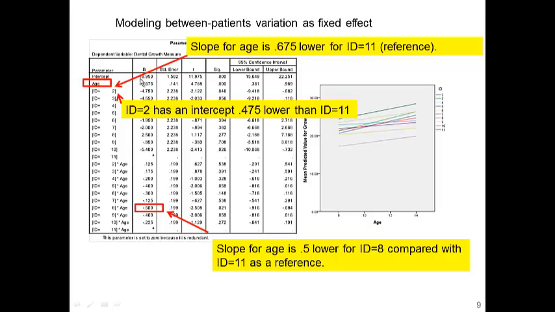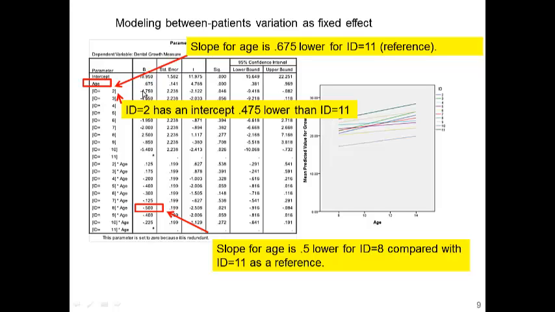Okay, and so this intercept is the intercept for ID number 11 person, and this beta coefficient for age is the slope for ID number 11 person. So ID number 11 person has the black line, that's this one. So the slope of this line is 0.675, and if you extrapolate this to where age crosses 0, the intercept is 18.95.